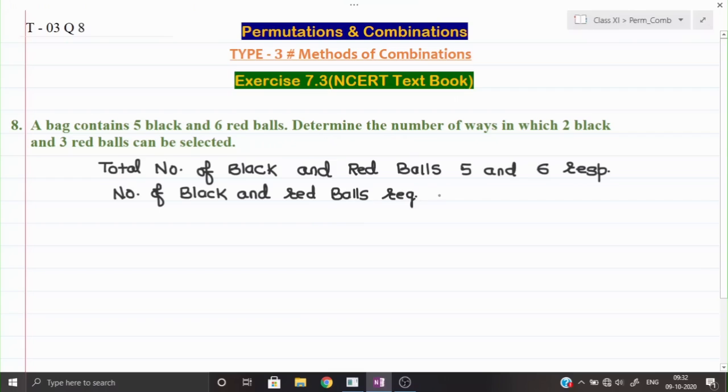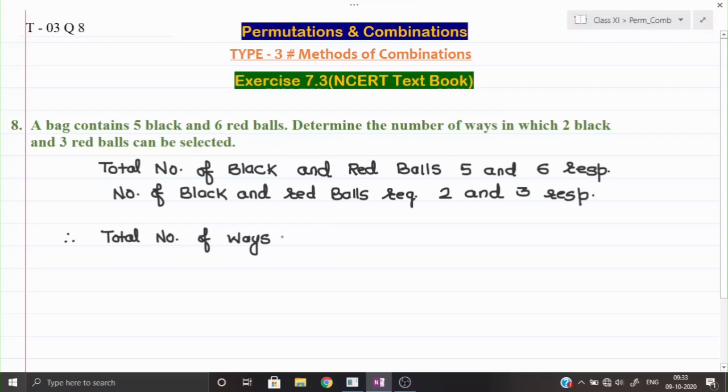That will be 2 and 3 respectively. Okay, so we have written the conditions and the given data. Now we can write down the total number of ways.